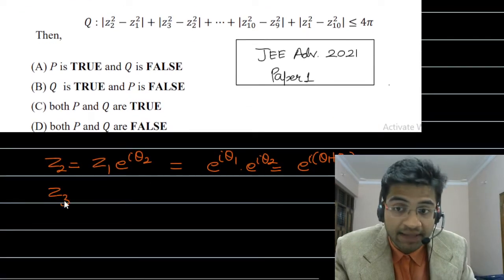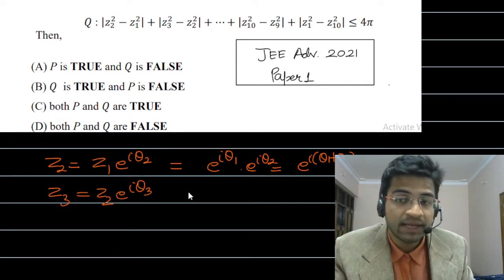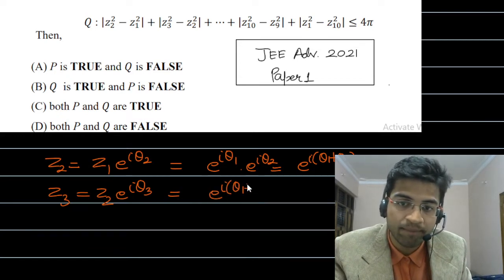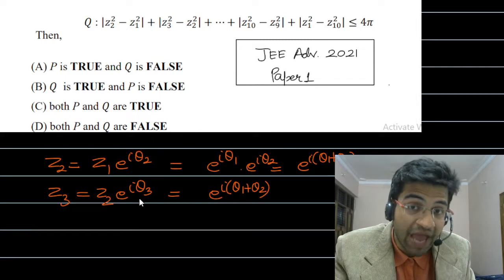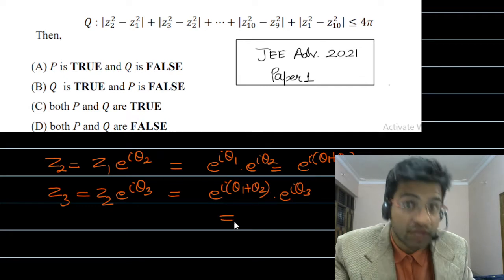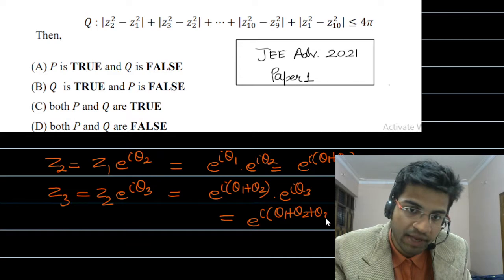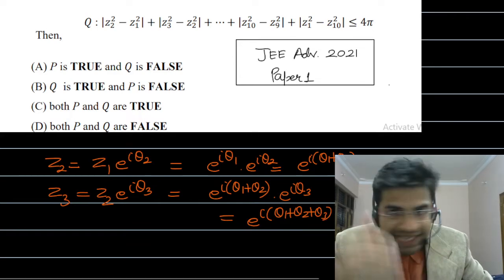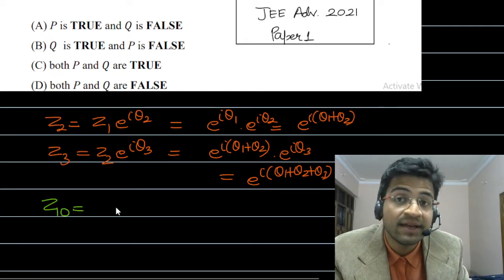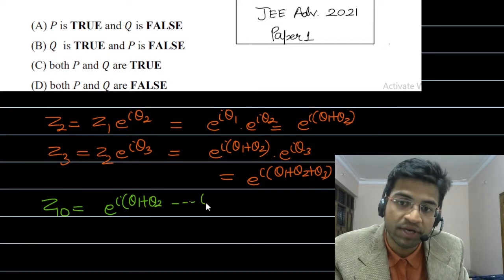Now z3 is nothing but z2 e^(iθ3), going by the same pattern. Now z2 is e^(i(θ1+θ2)), and we multiply e^(iθ3) with it, and through this we get e^(i(θ1+θ2+θ3)). Now going by the same pattern, z10 will be e^(i(θ1+θ2+...+θ10)).